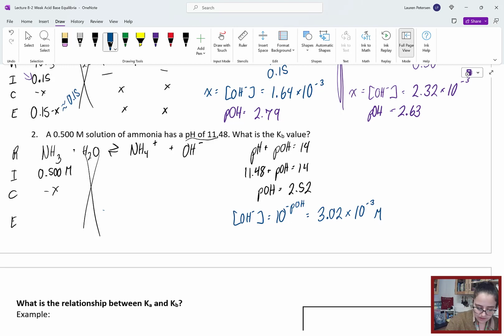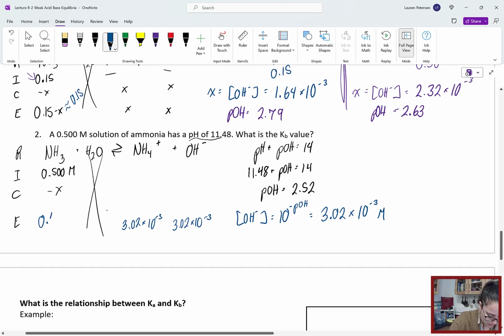Okay. So those will be our final concentrations. And we got 0.5 minus that number, which gives us 0.497. So a very small change in that concentration.